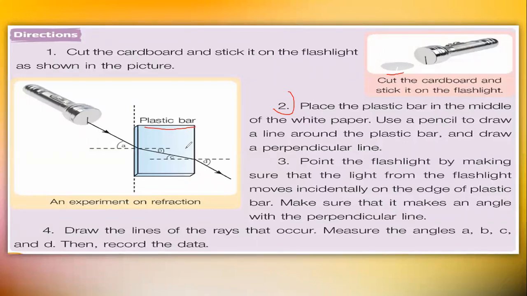Use a pencil and draw a line around the plastic bar. We draw the line with the help of a pencil, and the line has to be perpendicular. Here we can see we already drew the lines.